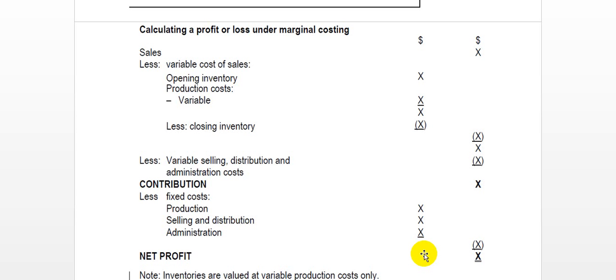From the contribution, that's when you take out your fixed costs to give you your net profit. So be able to distinguish the calculation of profit using marginal costing from absorption costing. It's very important that you distinguish these two, because it's on that basis that we have to reconcile the differences in this profit.